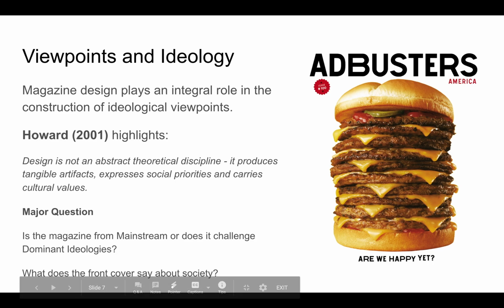Moving away from the example shown previously and furthering our ideas about viewpoints and ideology. It's really important that we're generating that understanding of ideology because, as you've probably noticed, ideological significance is one of the central themes that runs throughout this course.